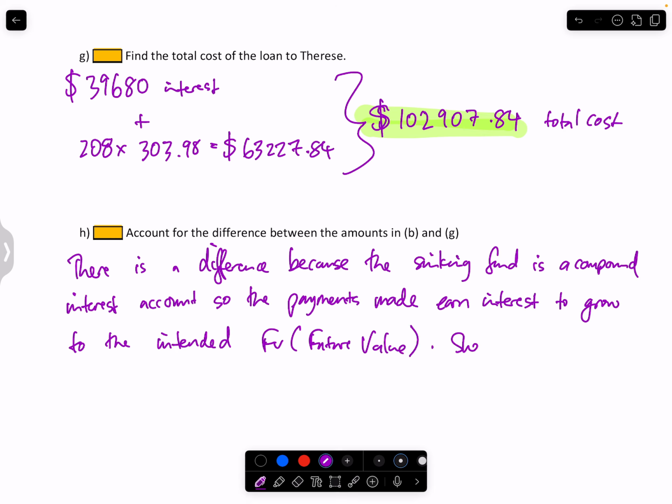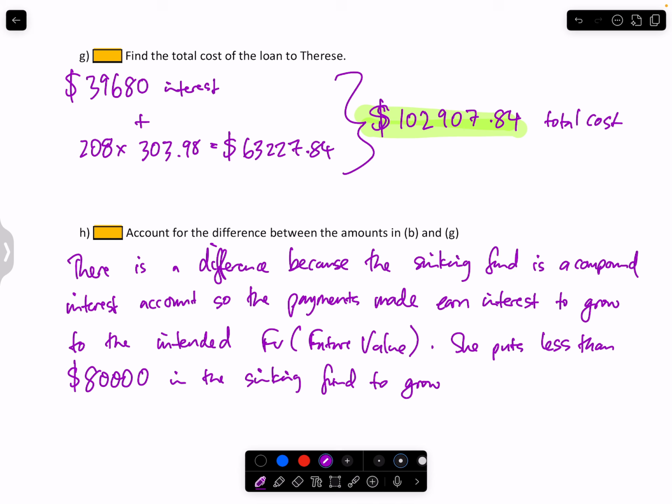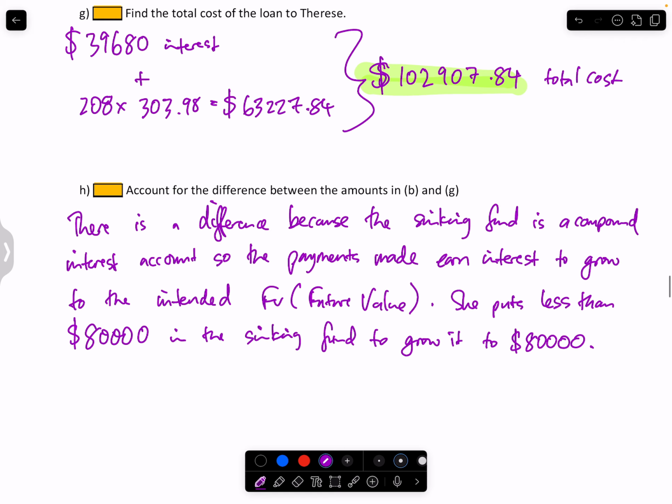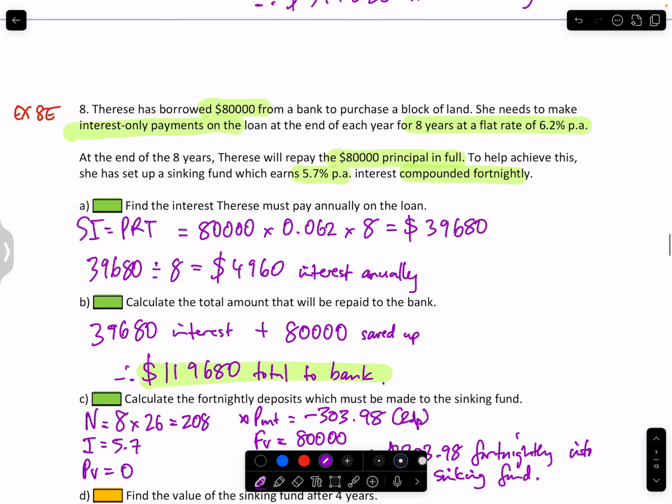She puts less than 80,000 in the sinking fund to grow it to 80,000. Okay. So now we're finished with question 8, I think.